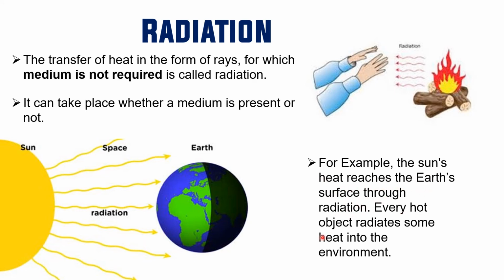Every hot object radiates some heat into the environment, like a candle or the sun or any hot object. Our body also has heat, and that heat also radiates into the environment. So radiation does not need any medium.